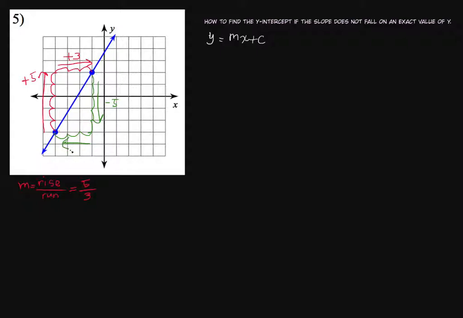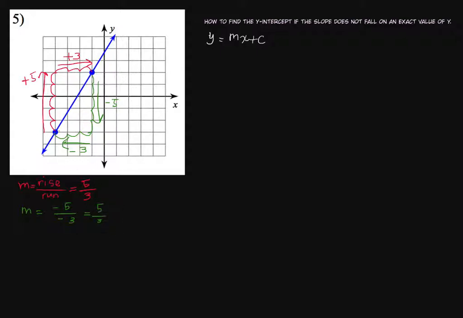So down and left, that would be negative. In this case, you have m is equal to minus 5 over minus 3. But we know that negative divided by negative is positive, and so you still end up with the same, okay?